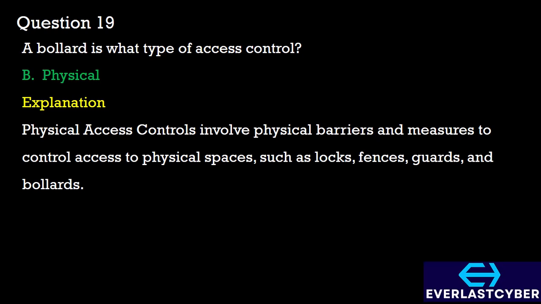So this could be locks, guards, fences, or bollards. Bollards are used to control or direct road traffic in order to prevent vehicles from entering restricted areas. So they serve as barriers to protect buildings, pedestrians, and infrastructure from vehicle impact.